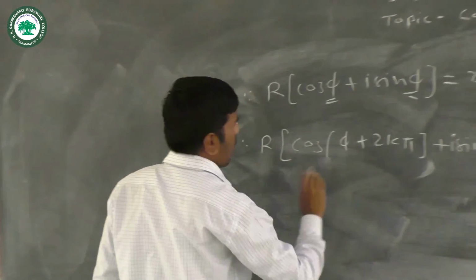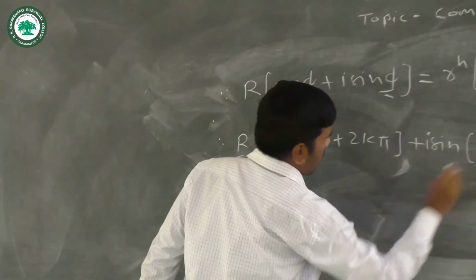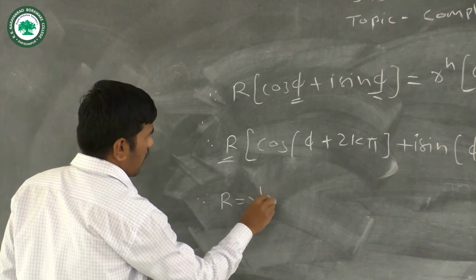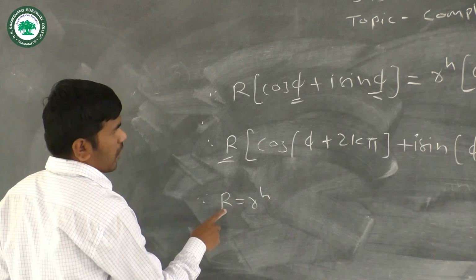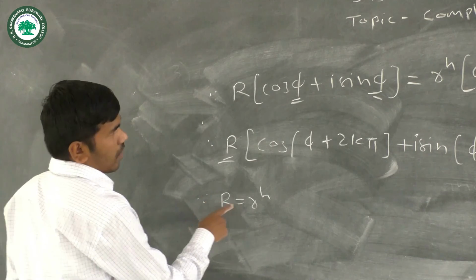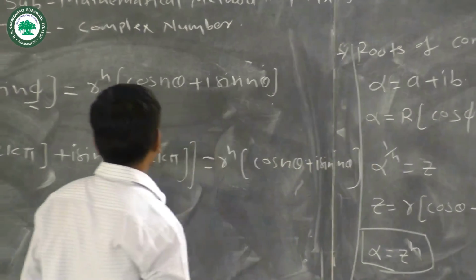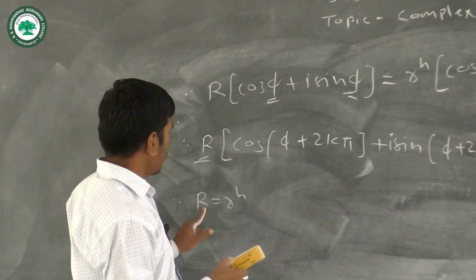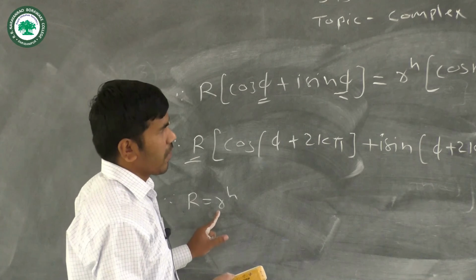Now if we compare this r with r power n, we can rewrite small r is equal to capital R power n. So the magnitude of alpha, that is r, is equal to r power n.